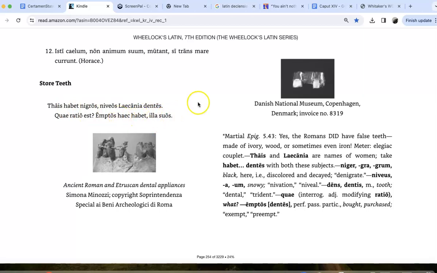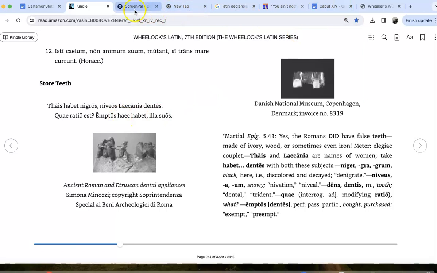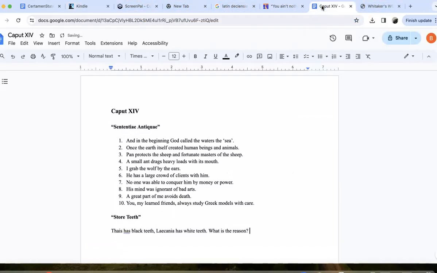So she bought hers is the way I would write this here, is that probably in English, just to make it clear, I'm going to actually put her name again. So Lacania bought hers, and then Thais has hers.